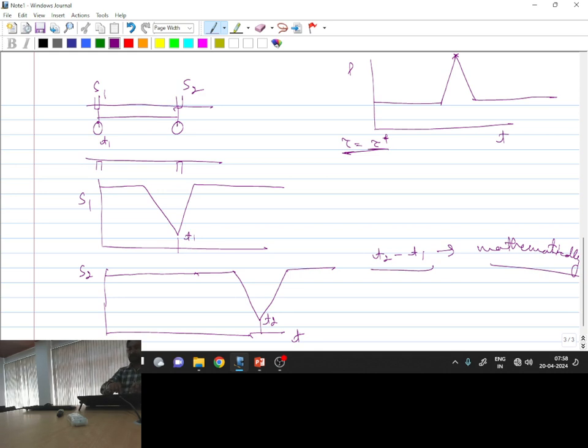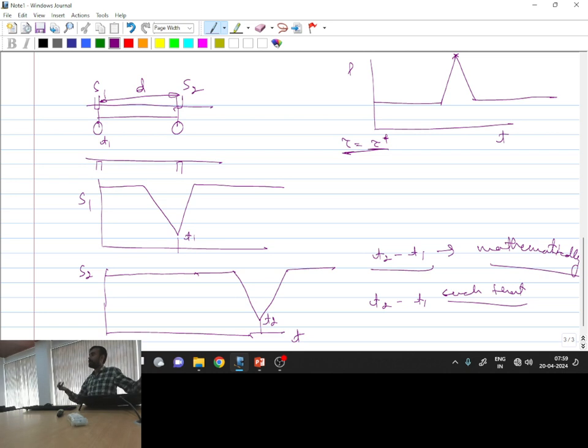And whenever we are mounting these sensors, of course we will be mounting them with a known distance between them. Say the distance between them is d. Now these arbitrary signals we have mathematically cross correlated, and using the cross correlation function we determined t2 minus t1 such that their correlation is highest.